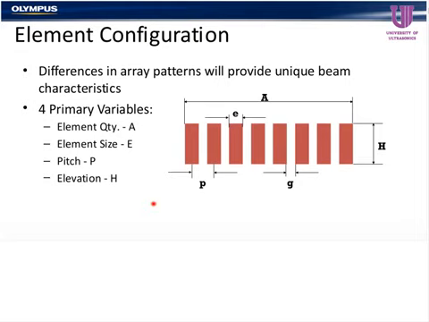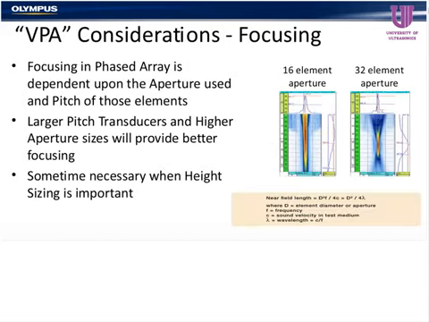When we put all 4 of these transducer characteristics together, we have different effects that come from what we call our VPA. So a key significant step in scan planning is determining the size of your aperture that you'd like to use, or taking the combination of those 4 transducer variables and putting them together.